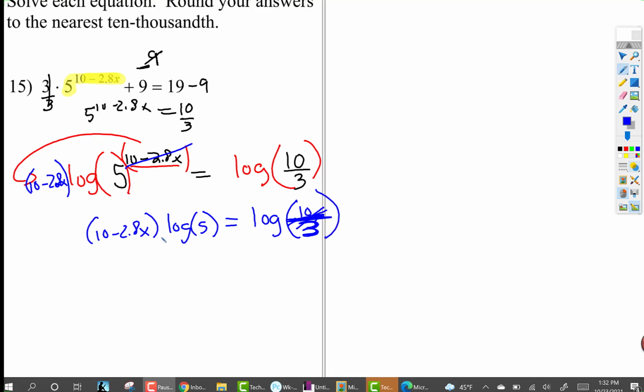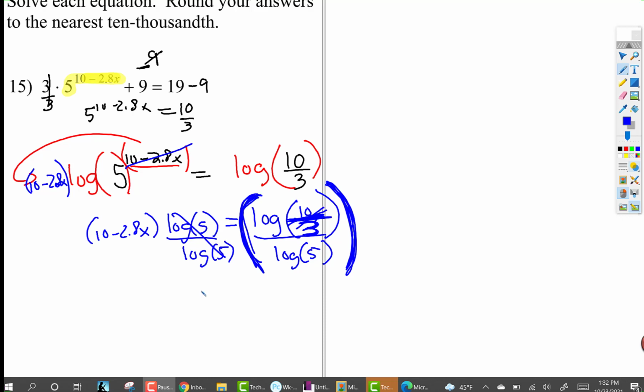And then log 5 is attached by multiplication, so we're going to divide both sides by log 5. And then protect this by putting a larger set of parentheses, because when you end up putting this into the calculator to figure out the x value, this right here is its own separate thing.